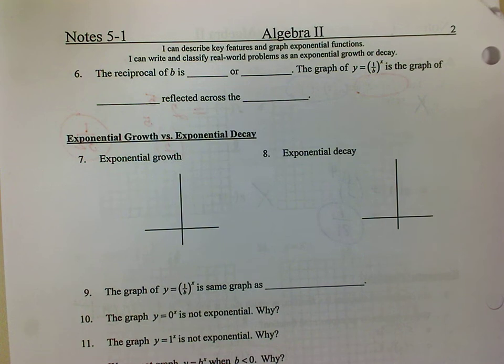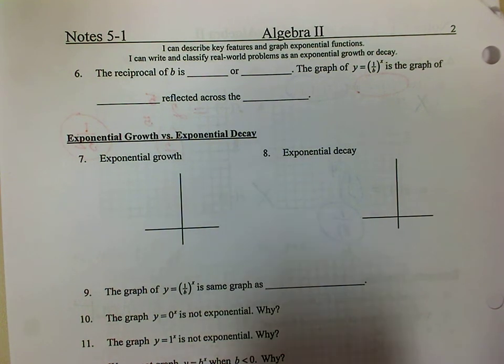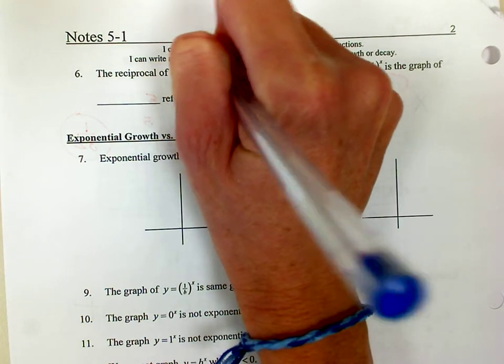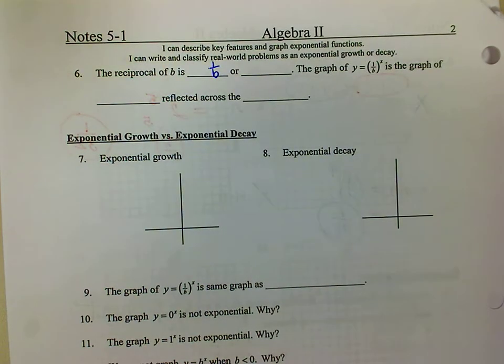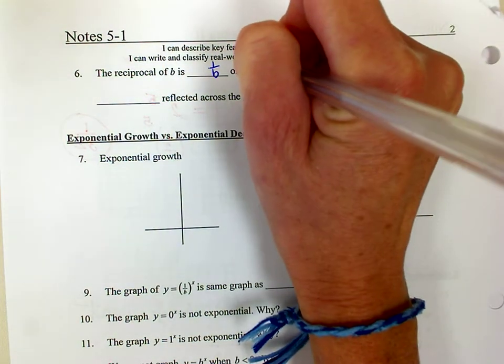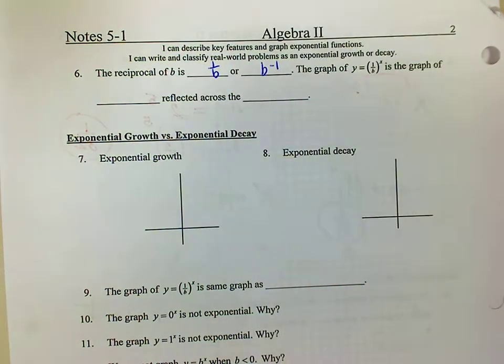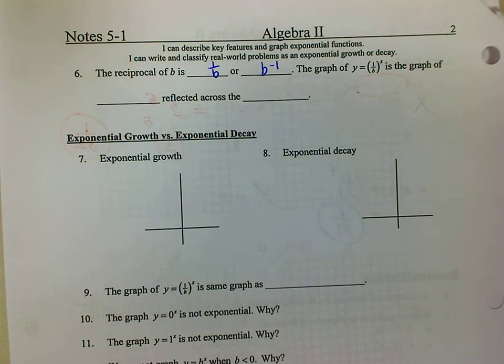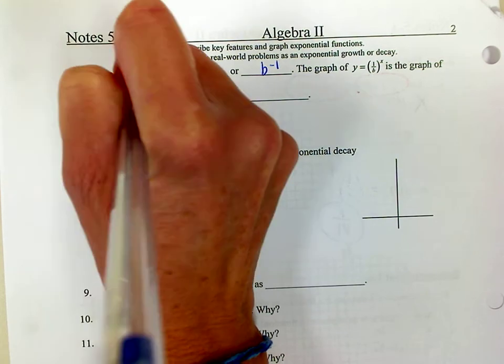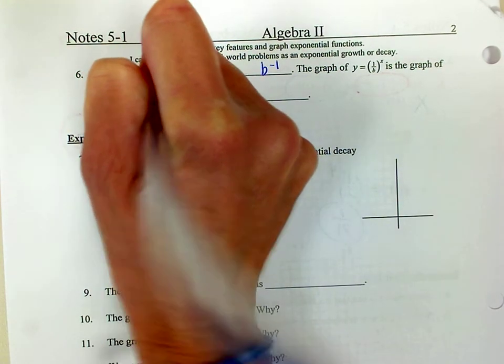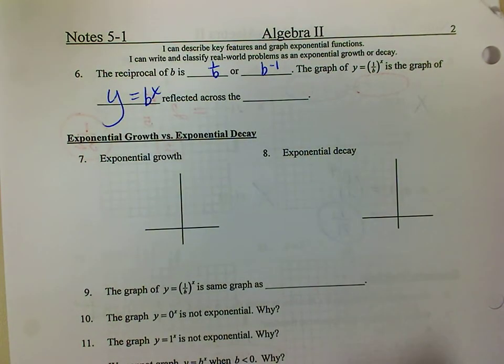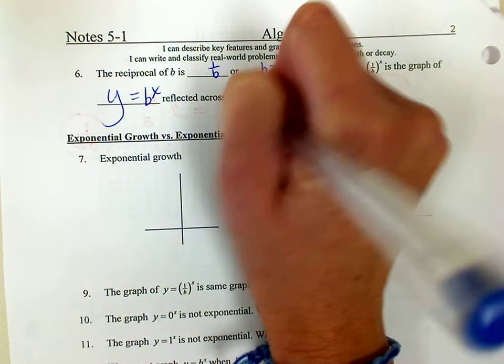Okay, so the reciprocal of b is 1/b. Or I could say that it's the same thing as b to the -1st power. So if I have y equals (1/b) to the x, it is the graph of y equals b to the x, but just reflected across the y-axis.